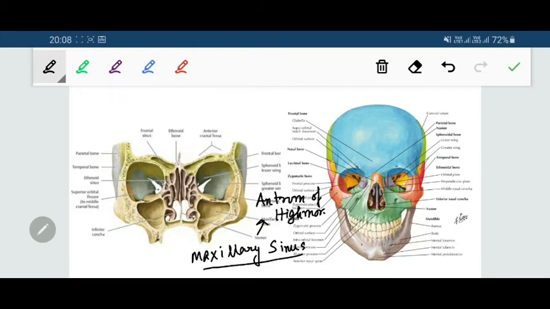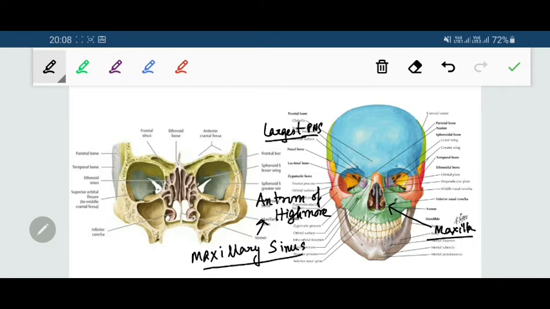It is the largest of the paranasal air sinuses, which is present in the body of maxilla. This green colored bone is the maxilla, which is an irregular pneumatic bone.